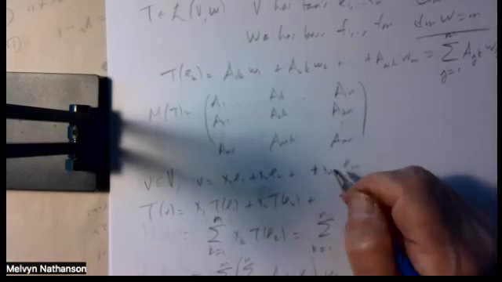Now, if I take an arbitrary vector in V and write it as a linear combination x1 up to xn of the basis vectors e1 up to en, T of v, because T is linear, is x1 T of e1 plus x2 T of e2 and so forth. Each of these T of ek's is this, and I plug it in and rearrange, and this is what I get.